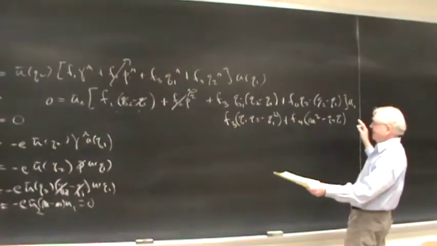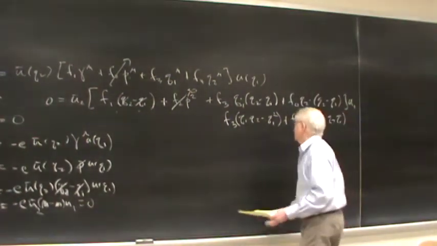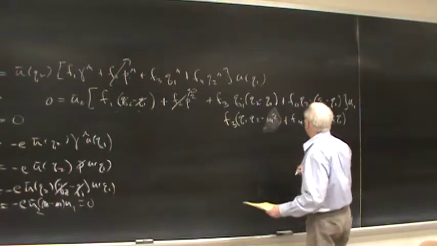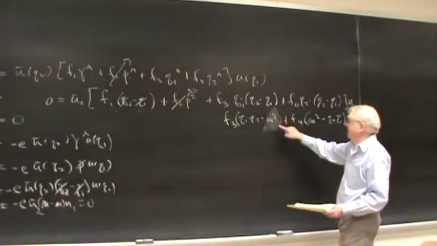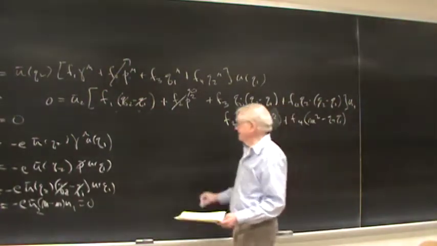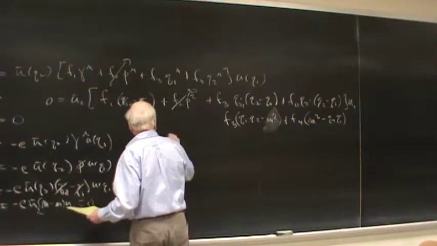So if this is going to vanish, this is also m squared. So comparing these two, you get F3 minus F4. So effectively, F3 is equal to F4.